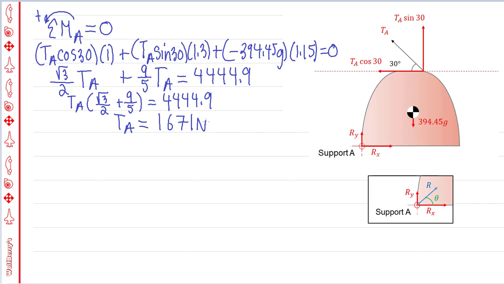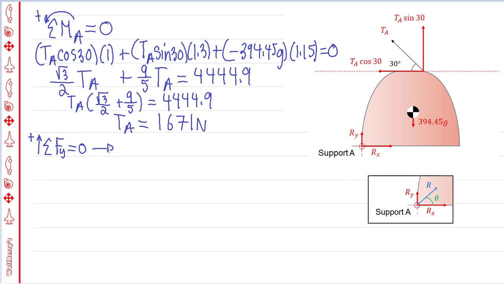Now, let's move on and find the forces at the reactions. So we could take moments again, but an easier way is to take the sum of forces. The sum of forces in any direction is equal to 0 because the system is in equilibrium. Let's start by picking the y direction. I'm going to pick up as positive, forces in the y direction.